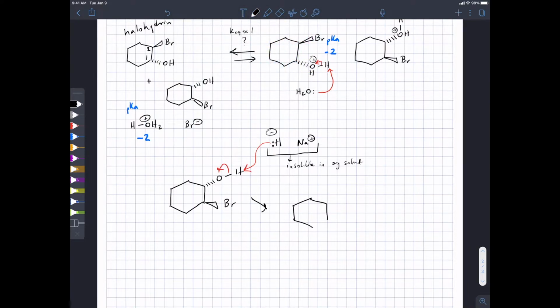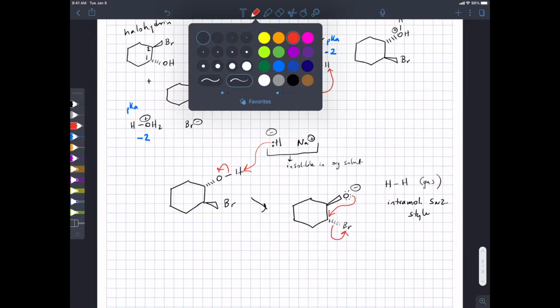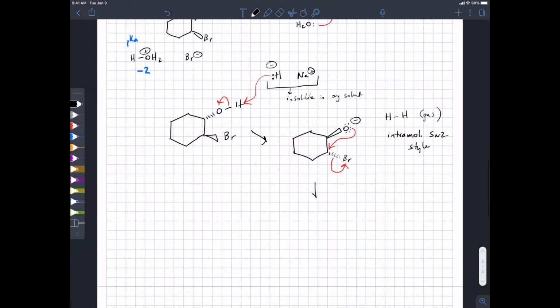That process is not reversible because the conjugate acid of H minus is hydrogen, which is a gas and bubbles off. And then once you've got the alkoxide, you are perfectly set up for an intramolecular SN2 style reaction, backside attack of lone pairs on oxygen on the carbon bromine sigma star, and that can give you an epoxide.